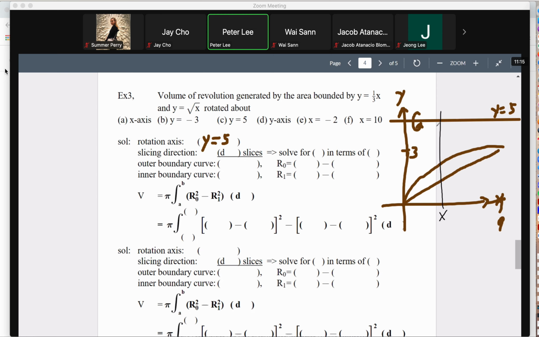What points do we see? We see this point right here. What is that point? That point is x comma 5.